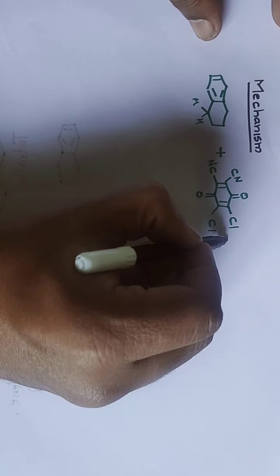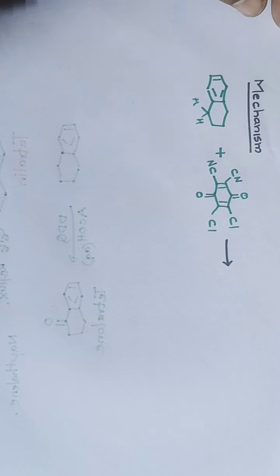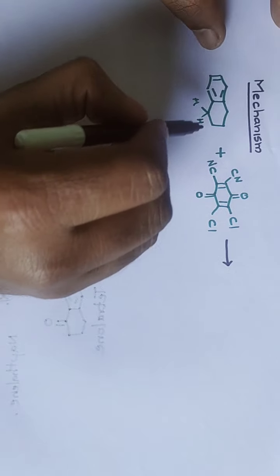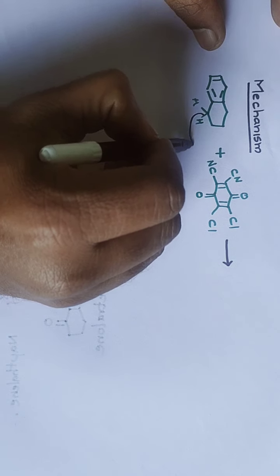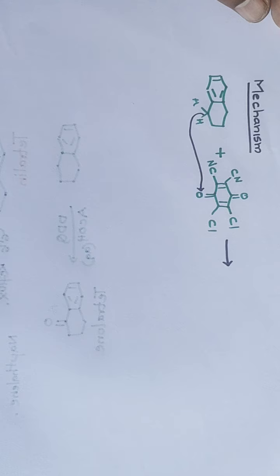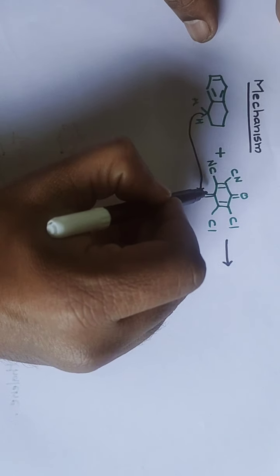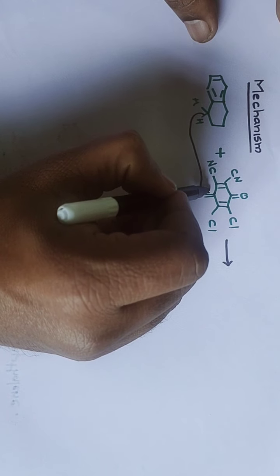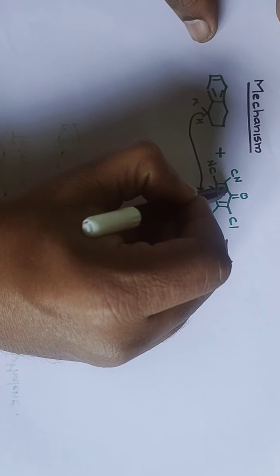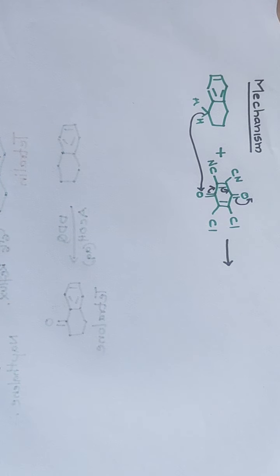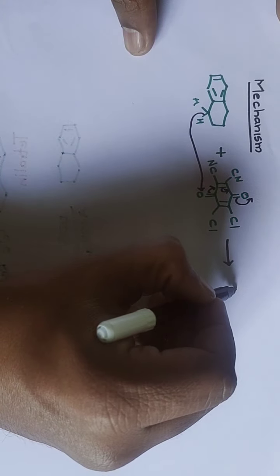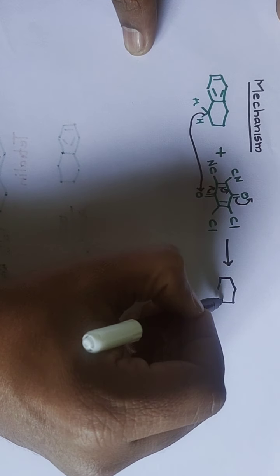So let us see the mechanism, what actually happens. A hydride shift takes place, I mean the hydride shifts to the quinone oxygen. When H minus goes here, a new bond is formed, hence this double bond moves here, this double bond moves here, and this double bond moves here, resulting in the formation of this compound.